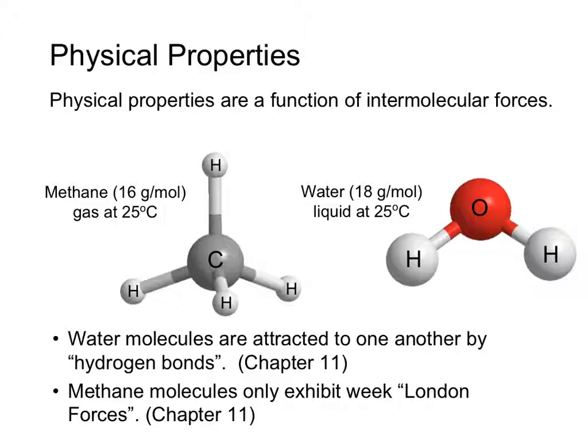What this means is that it's much easier to separate the molecules of methane from each other, so it requires less energy to do so. As a result, methane is a gas at room temperature. It is harder to separate the molecules of water. It requires more energy. So water is a liquid at 25 degrees Celsius.